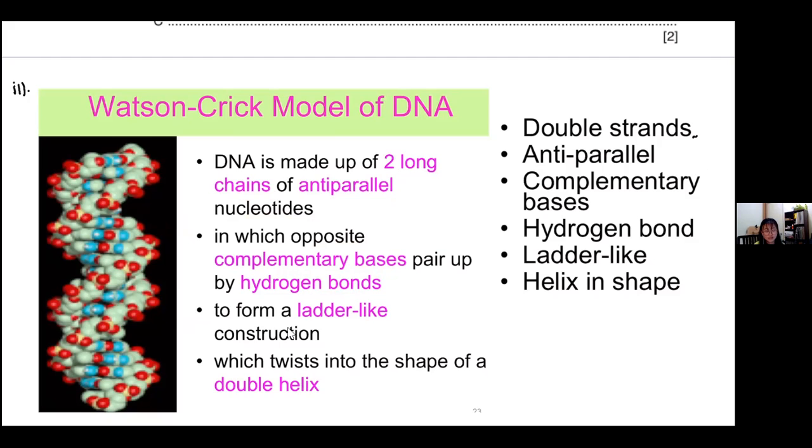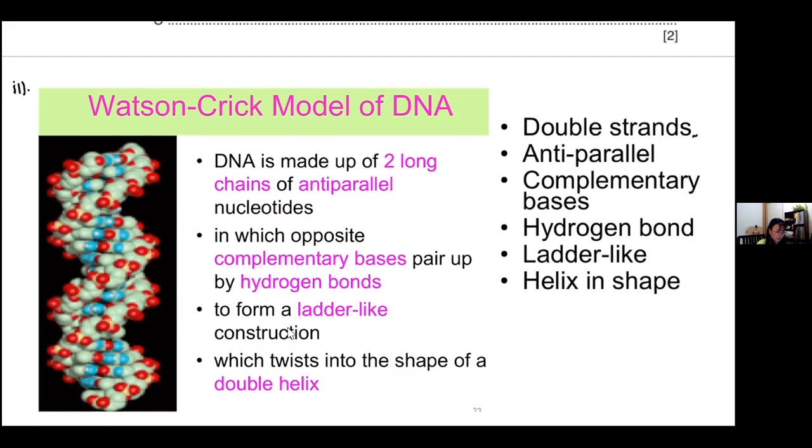And for the RNA, uracil will pair up with adenine by complementary base pairing, forming hydrogen bond, to form a ladder-like construction which twists into the shape of a double helix. So when we need to describe the structure of DNA, these are the 6 keywords we need to include in order to score the full mark. Double strand, anti-parallel, complementary base, hydrogen bond, ladder-like construction, and double helix in shape.